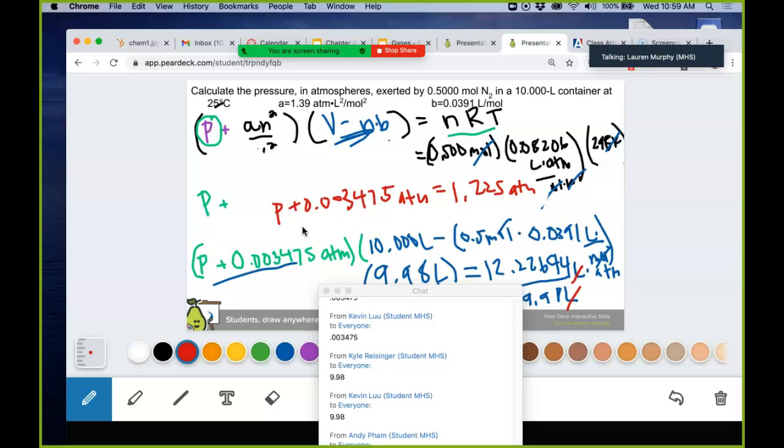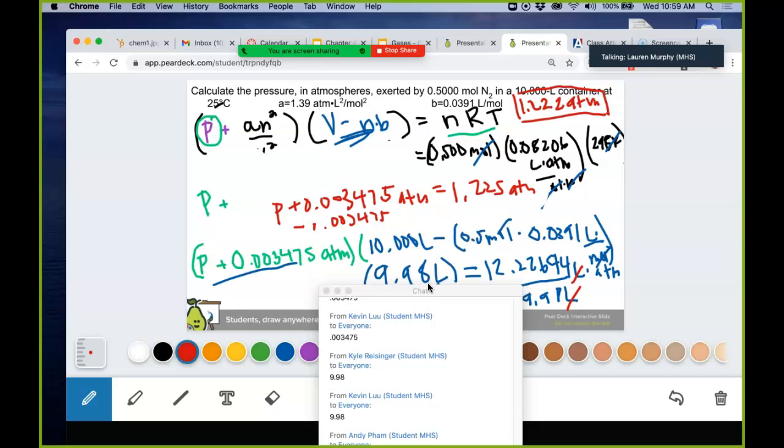So you just subtract this number from both sides. And you get, let's do 4 sig figs, 1.222 atmospheres of pressure using the van der Waals equation.